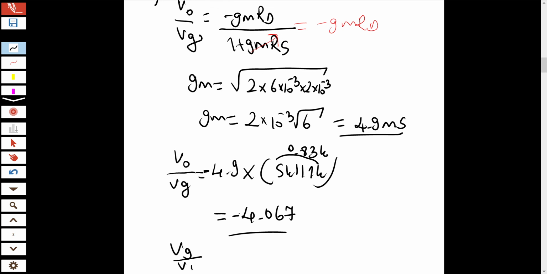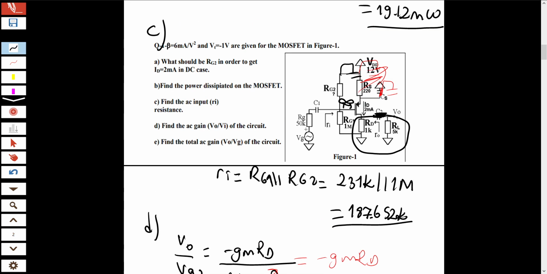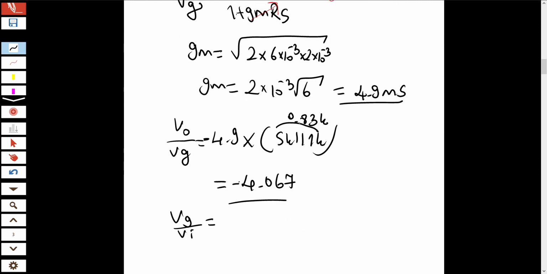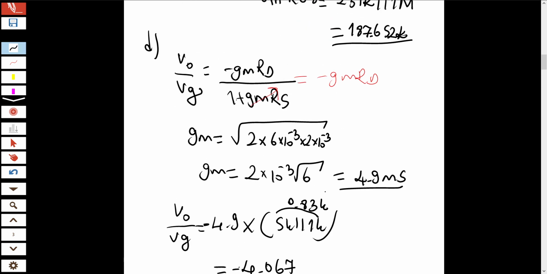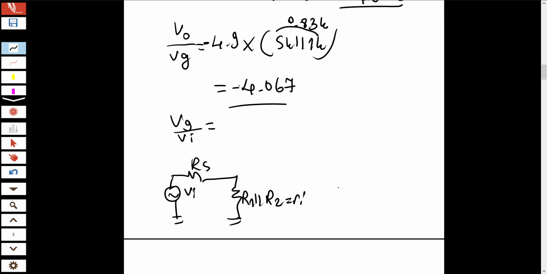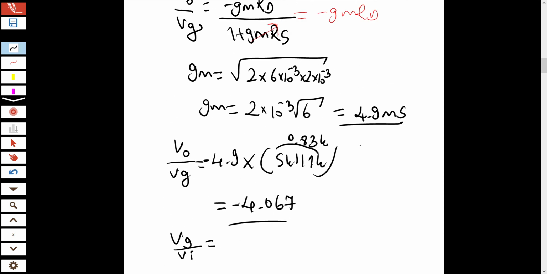What is V gate over VI? Simply resistive divider. Look at the circuits. In AC case, we have found D. Now we are trying to find section E. So in AC case, there is here VI, here R source, and here R1 parallel R2, and simply this is my Ri. We have found Ri, it is 187K. What is R source?